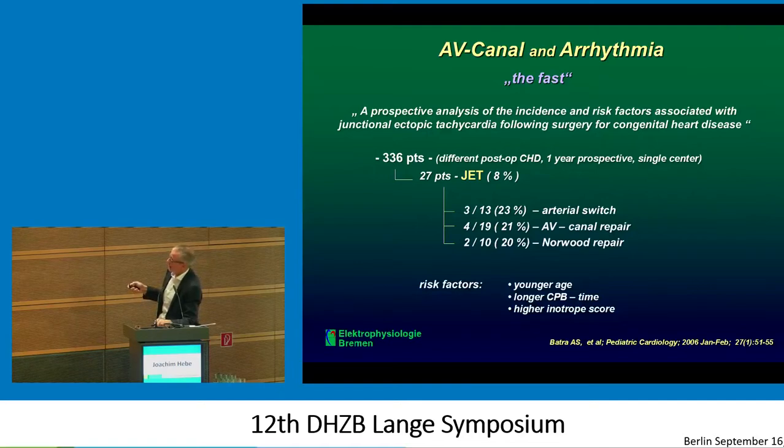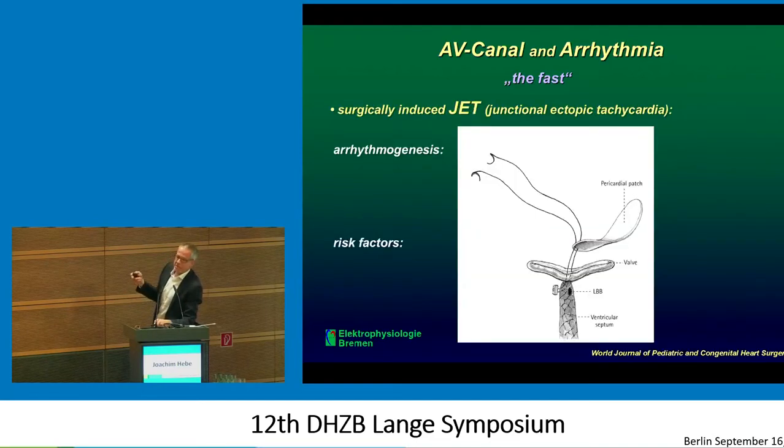And if you look at the congenital heart diseases, there were major ones underlying here. AV canal repair was the underlying congenital heart disease in 21% of the patients. But I think of interest is that arterial switch and Norwood repair were another two big groups, and they have nothing to do with septal defect repair, at least at this stage. So surgery alone cannot be the issue. Risk factors in this cohort were younger age, longer cardiopulmonary bypass time, and higher inotrope score, which can be unmasking patients with a worse clinical course.